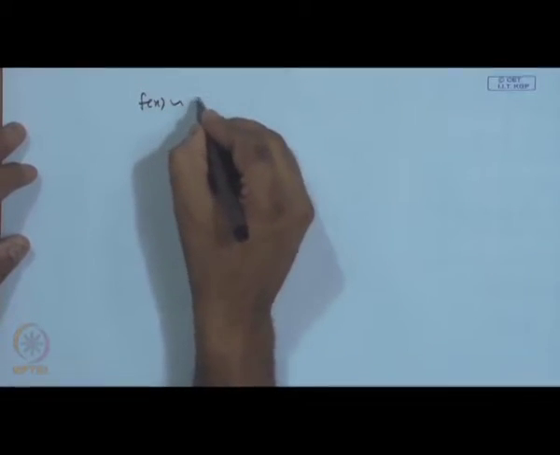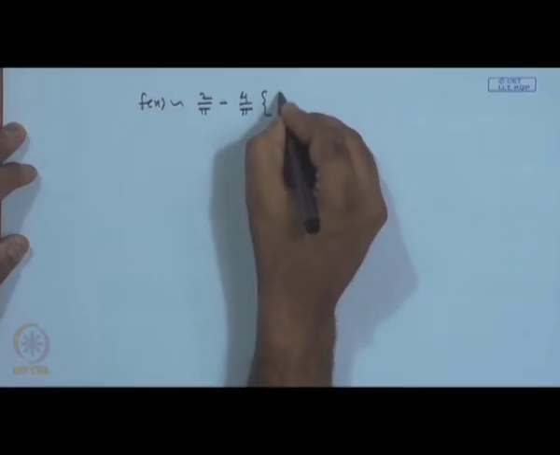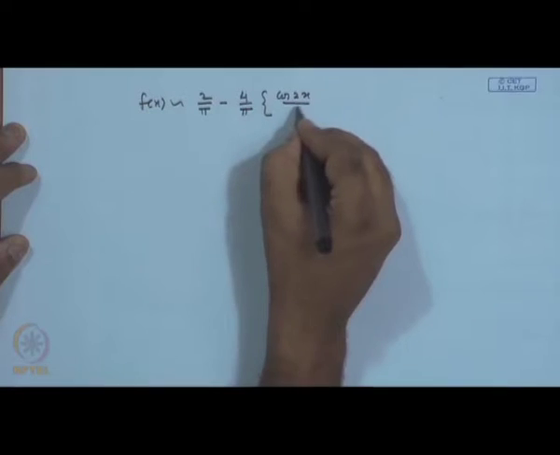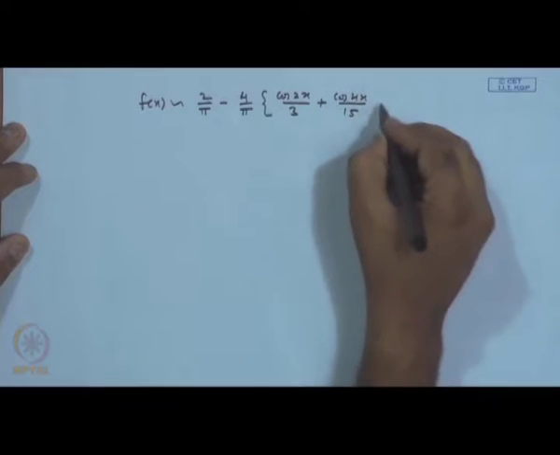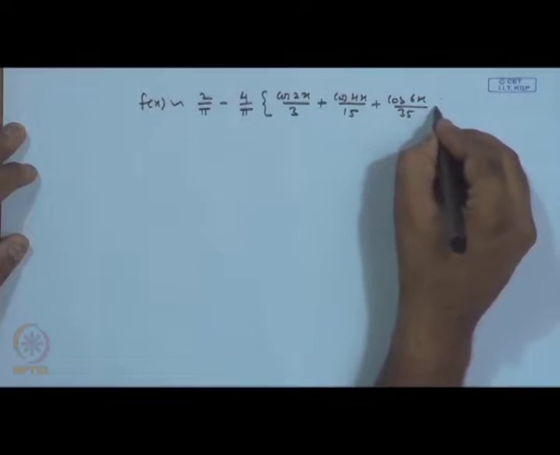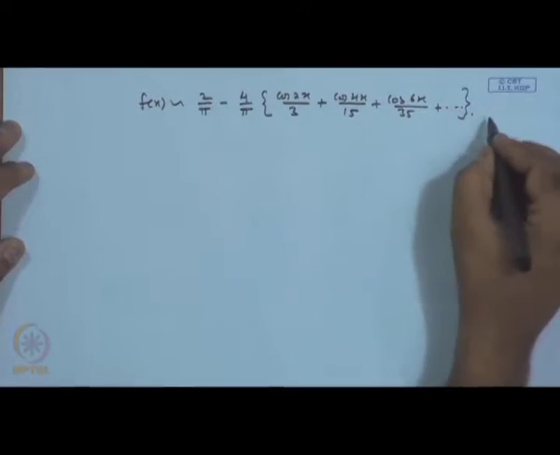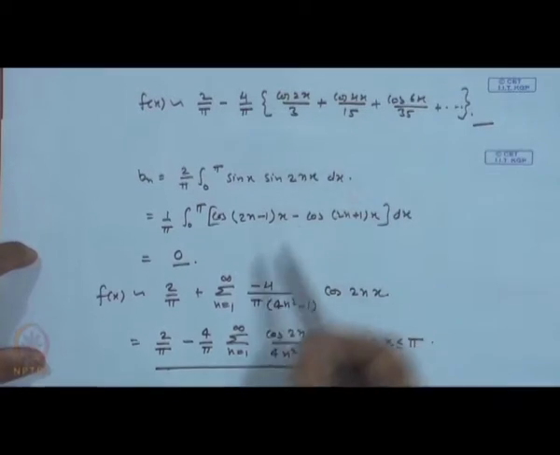So, if we write this Fourier series now, we have f x equals 2 over pi minus 4 over pi, and we have cos 2 x over 3 plus cos 4 x over 15 plus cos 6 x over 35 and so on. So, this Fourier series and the Fourier series we got by treating this function as of period pi, they both are basically the same.